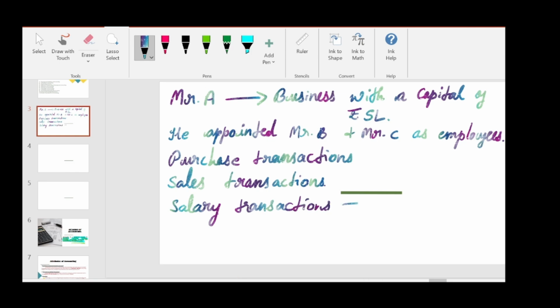For example, let it be rupees 50,000 per month for each employee. These are all for examples only. Let's take only three entries, just for understanding purposes. Fine.